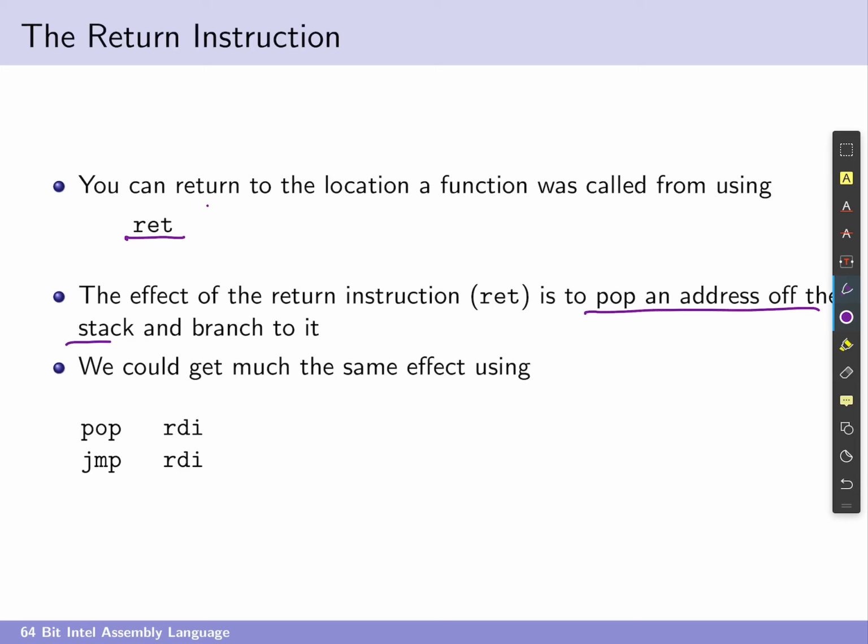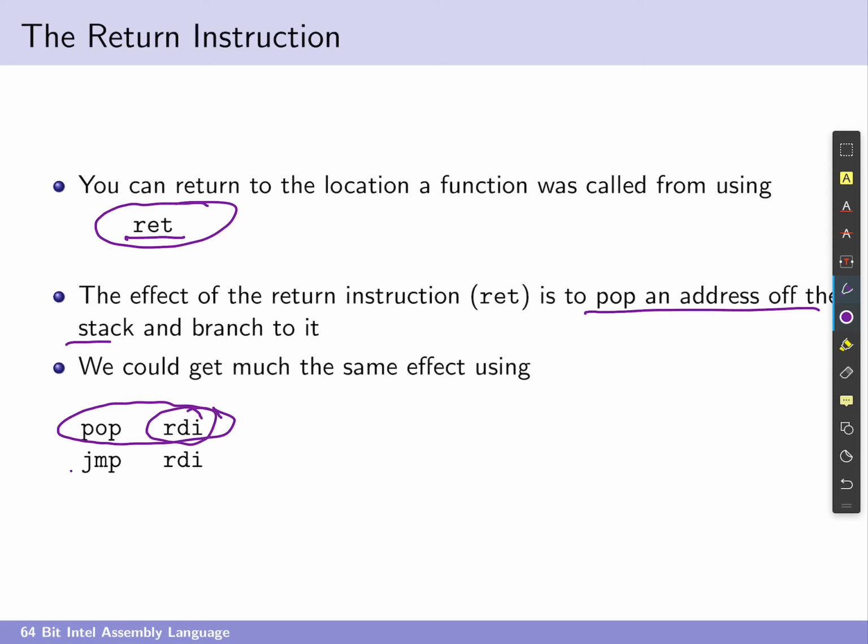So if I didn't have access to this ret instruction, what I would have to do is first pop off my stack into some 64-bit register. Remember, all labels in our case with 64-bit assembler will be long, so they take up a whole 64 bits. And I can choose any 64-bit register name here. I'm just choosing RDI for simplicity.